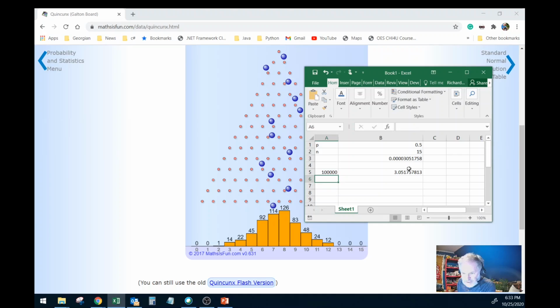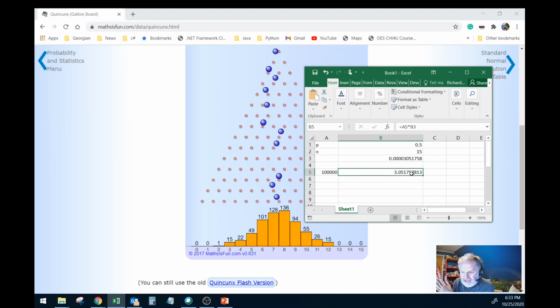If I were to watch this thing drop for 100,000 drops, 100,000 steel marbles dropping, out of 100,000 drops, getting it to always go to the left 15 times in a row, the probability of that is 0.000003, which means that out of 100,000 steel balls being dropped, 3 of those would end up at the 0. That's a highly, highly unlikely event.